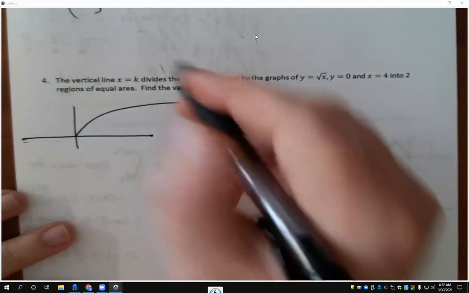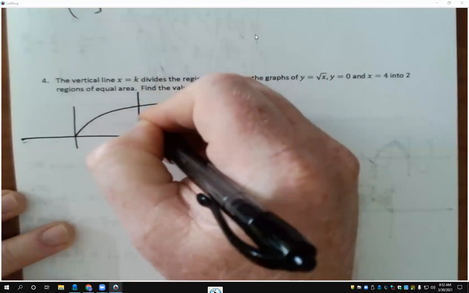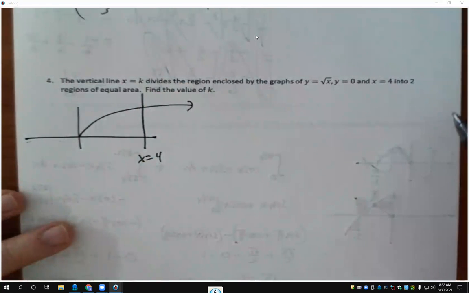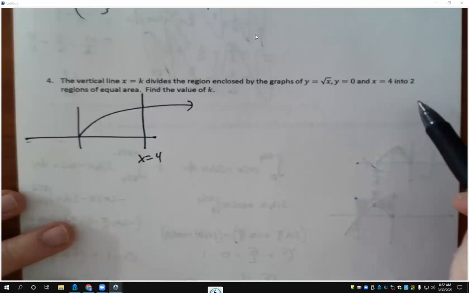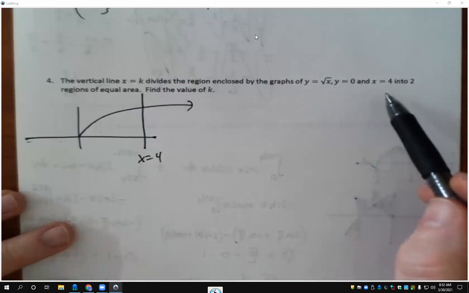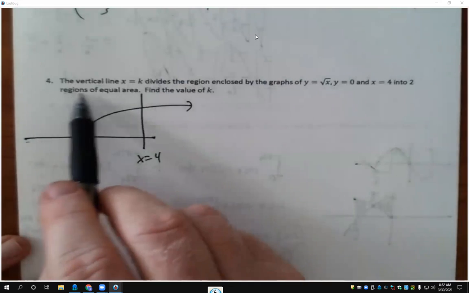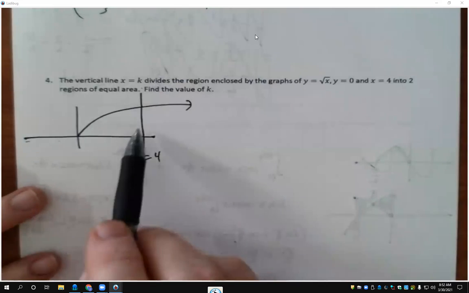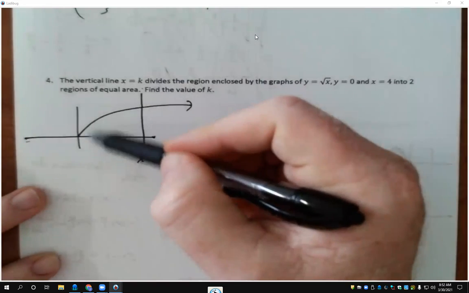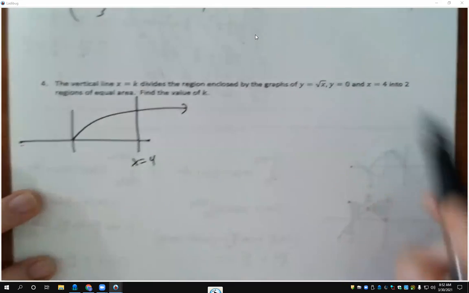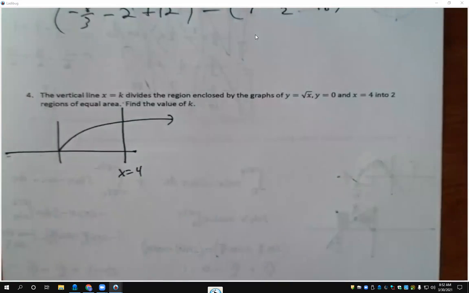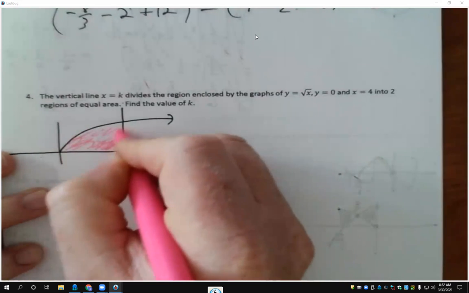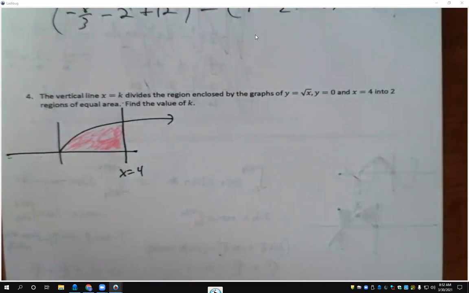The line x equals 4 is this line right here. The vertical line x equals k divides this area. If I shade all this in, that's the area I'm talking about.